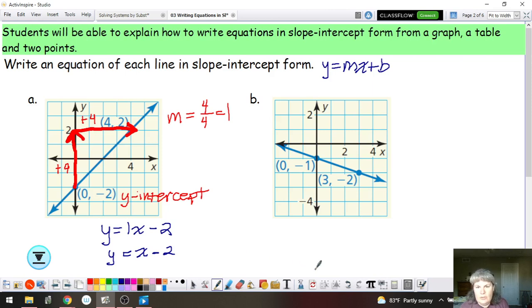If we take a look at the graph on the right, we have a y-intercept at (0, -1). To find our slope, I tend to go from my left point to my right point, so I'm going to go down 1, right 3.